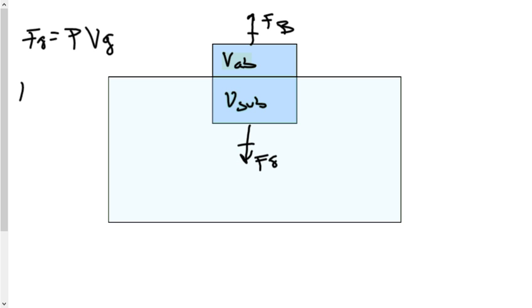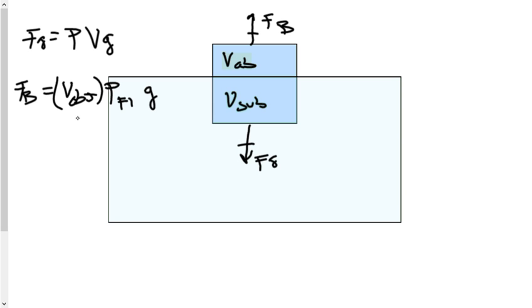So force of buoyancy then is going to equal the volume of the object, multiplied by the density of the fluid, and multiplied by g.